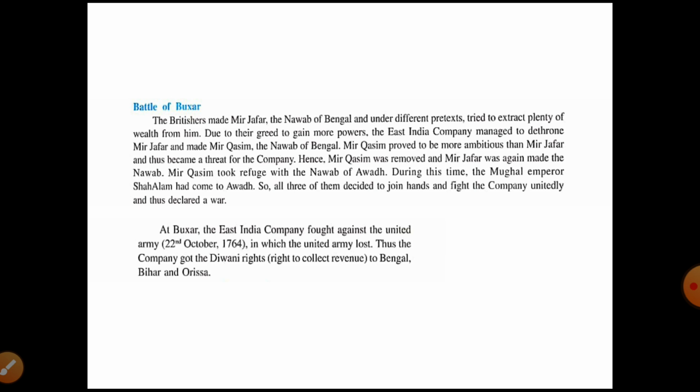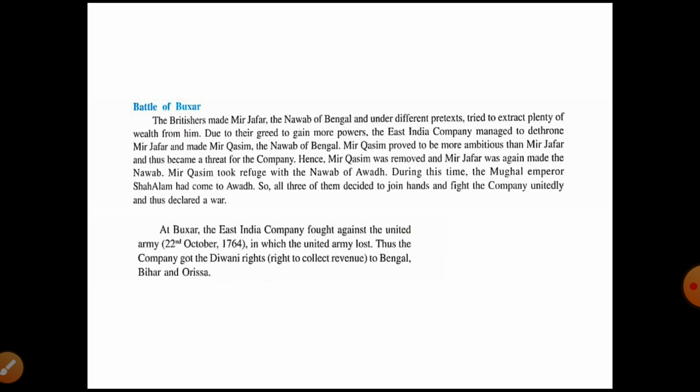At that time, Mir Qasim met two people. Mughal Emperor Shah Alam II had come to Awadh, and the Nawab of Awadh was there. So all three of them decided to join hands and fight the company unitedly and thus declared a war.